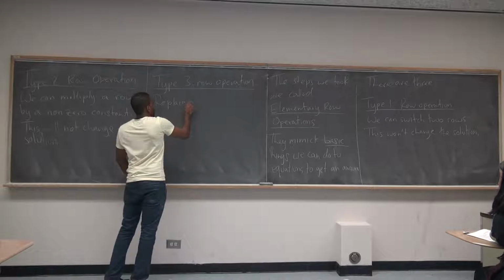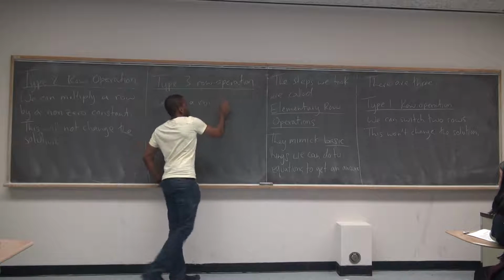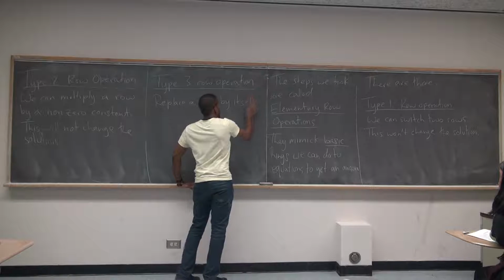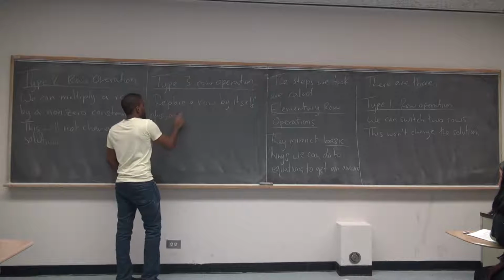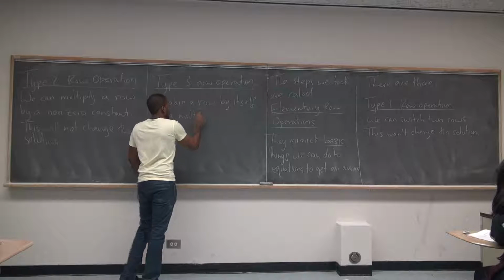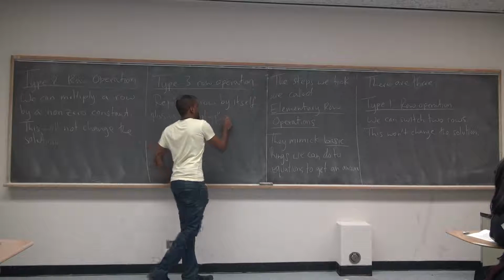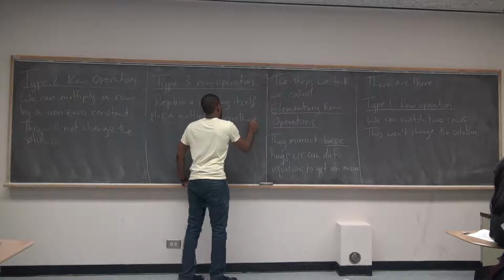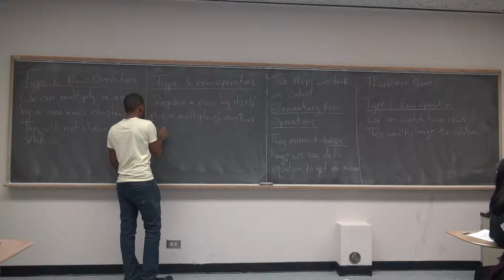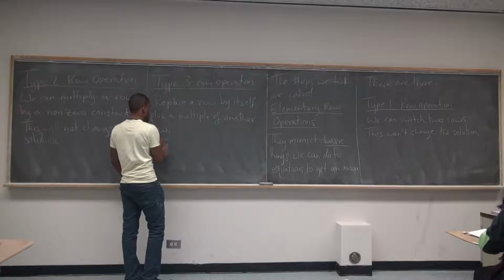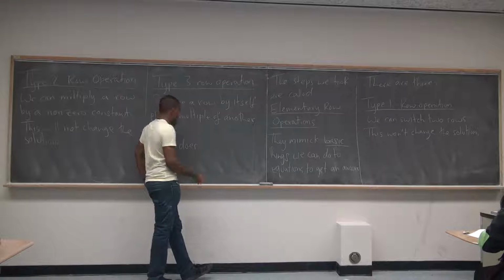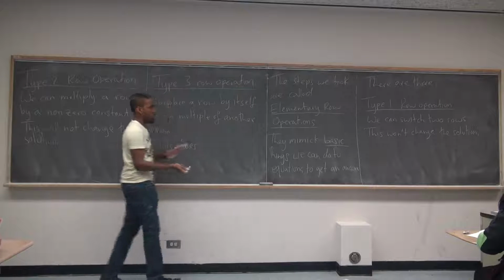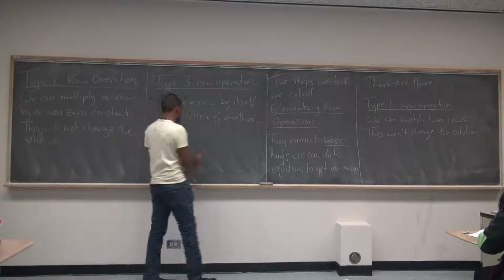Replace a row by itself plus a multiple of another row. And again, this does not change our solution. This is literally the process of elimination, described in an elementary mathematical operation.